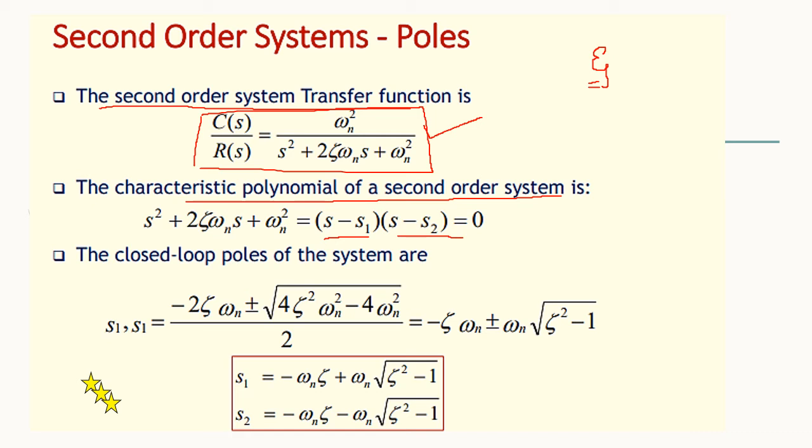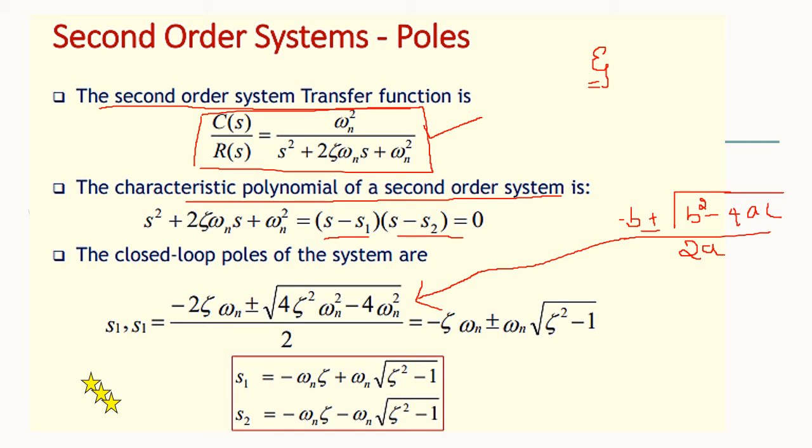Now if I use the formula, that is minus b plus or minus square root of b square minus 4ac divided by 2a, to find the quadratic roots, then the roots that I get are minus zeta omega n plus or minus omega n square root of zeta square minus 1.